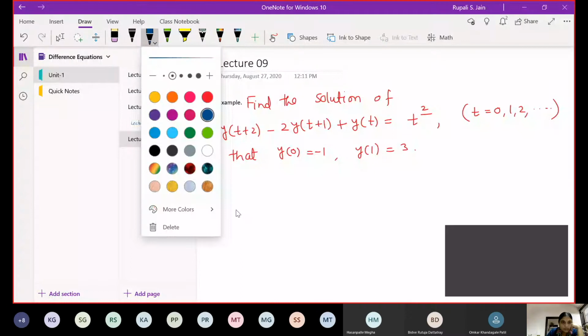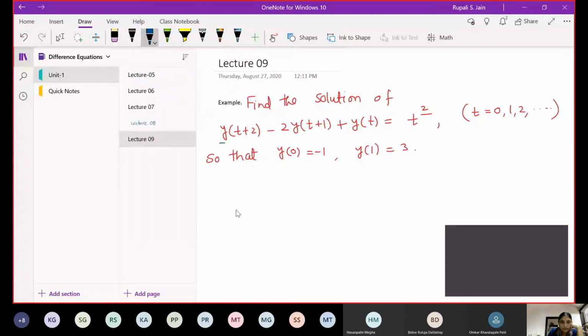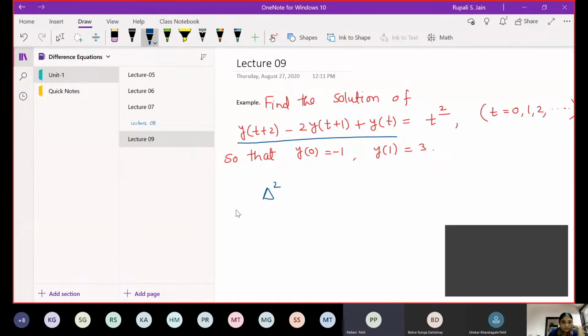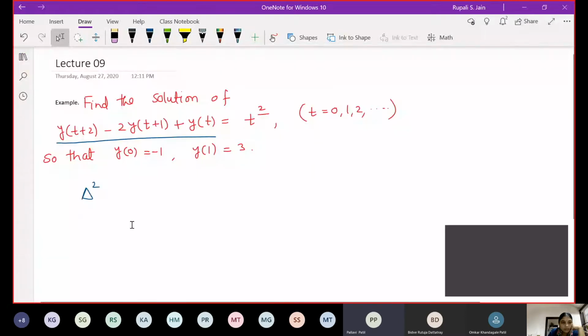In yesterday's lecture we have seen this problem. The left side is delta square y of t, and the right side is t to the 2 falling.